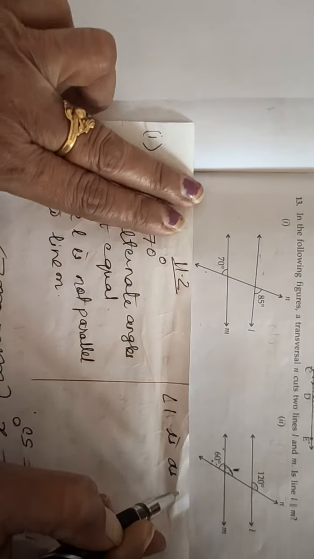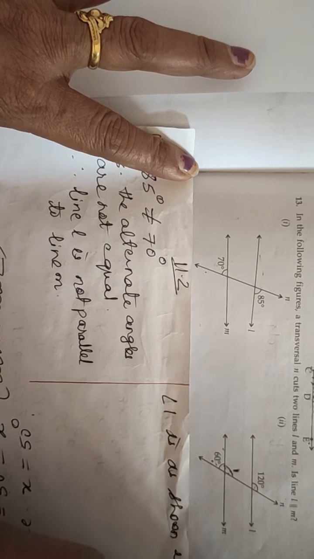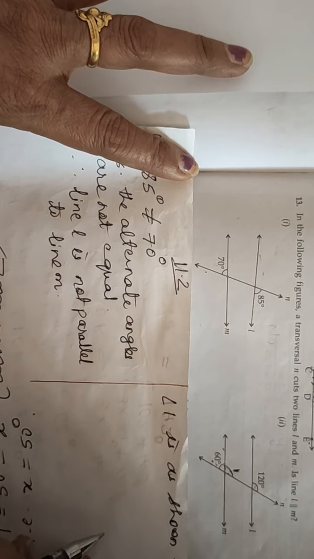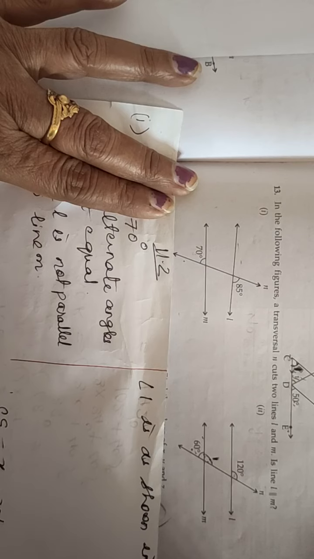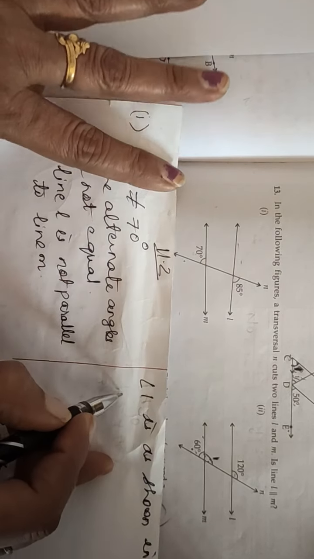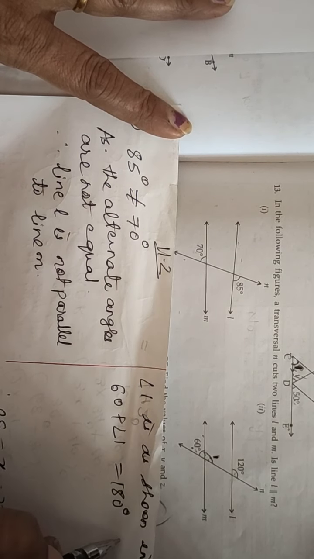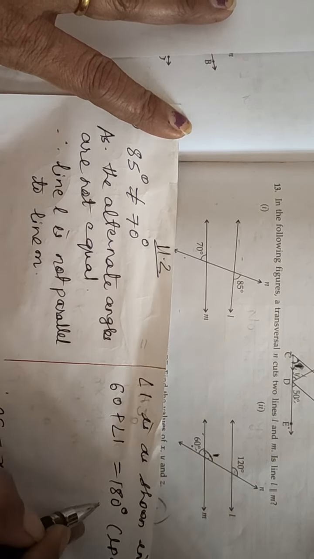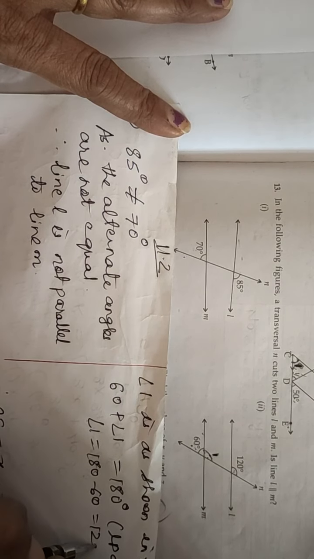So let me write first, angle 1 is as shown in the figure. Okay, in the figure, angle 1 we have shown in the figure. Okay, now we will write 60 plus angle 1 is equal to 180, and this is which type of angle? Linear pair angle. So angle 1 is equal to 180 minus 60 is equal to 120.